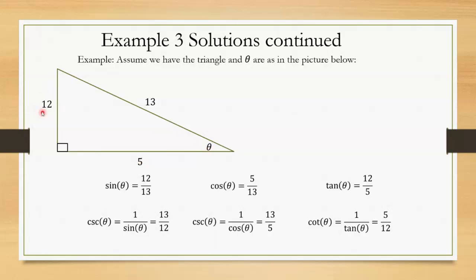We have 12 as the opposite. The adjacent is 5. Cotangent of theta, that's 1 over tangent. That's 1 over 12 over 5. Again, 1 over means you flip it, so you get 5 over 12. So this is what we get. So we have all the trig functions.